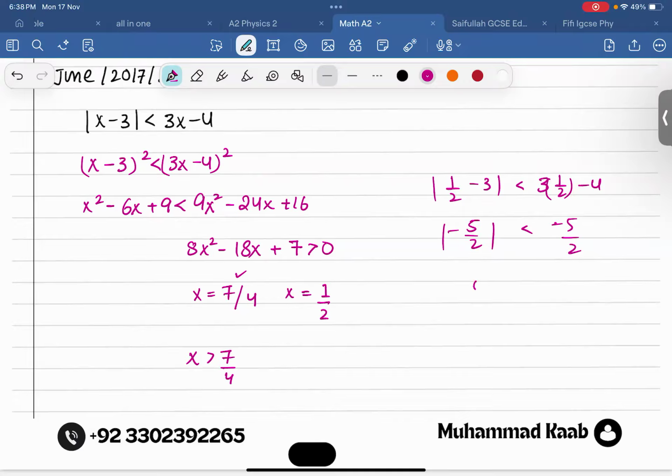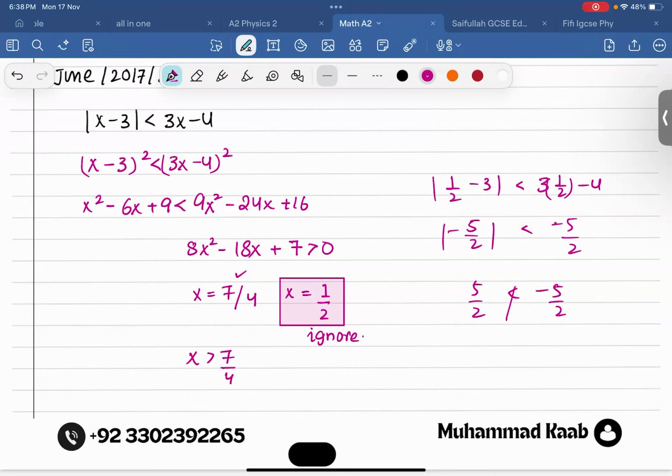So basically 5 over 2 is less than minus 5 over 2. This is not correct. This answer is not correct. It's not possible in the inequality, so you can ignore it. Is that clear?